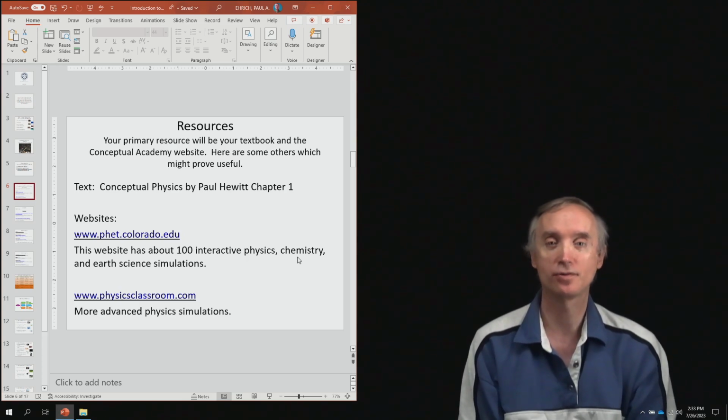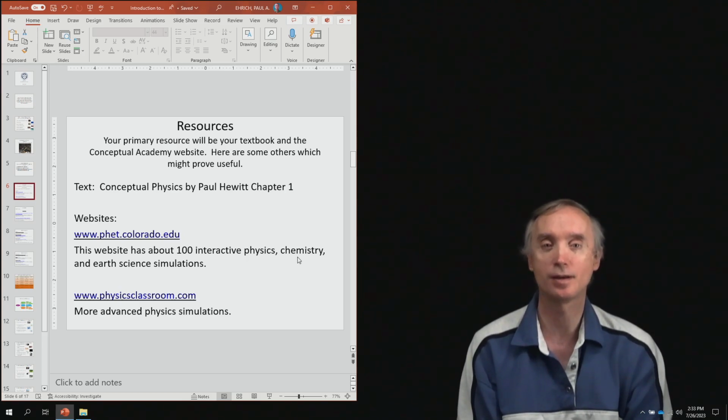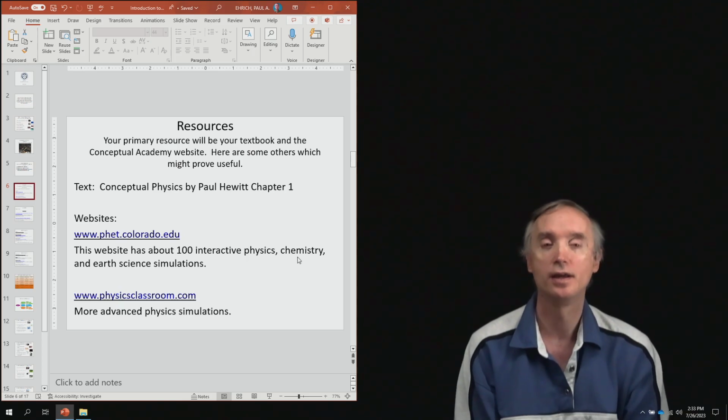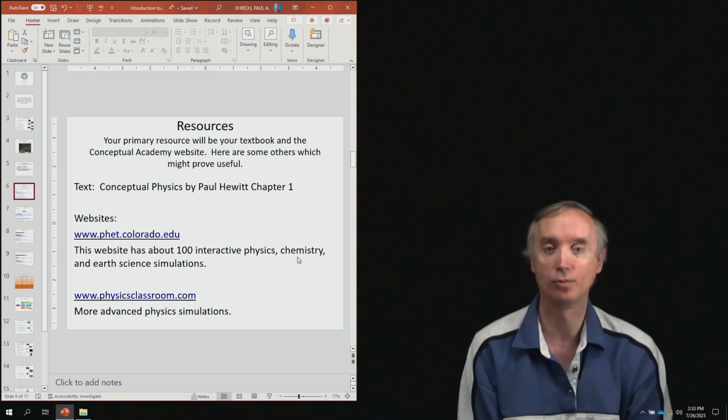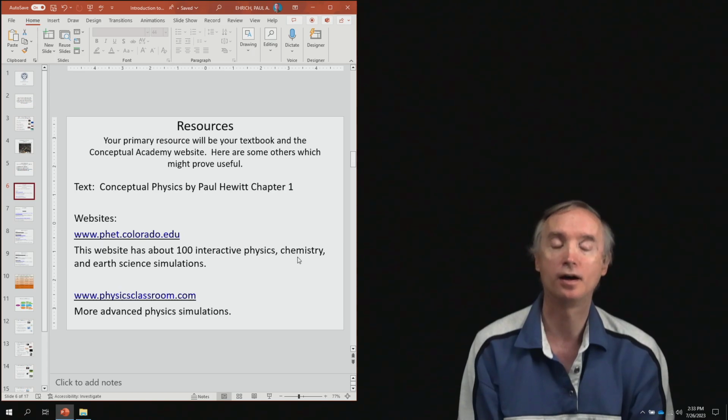So your resources. Your primary resource is going to be your textbook, which is Conceptual Physics by Paul Hewitt, and you want to be reading chapter number 1. And then if you want to learn more about physics, there is a website called PHET, P-H-E-T, and if you just go to the internet and type in the word PHET, you're going to find this.